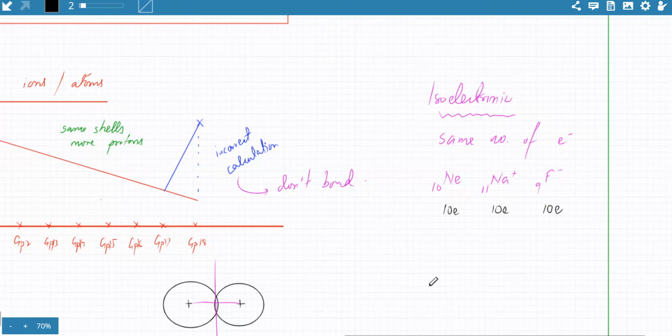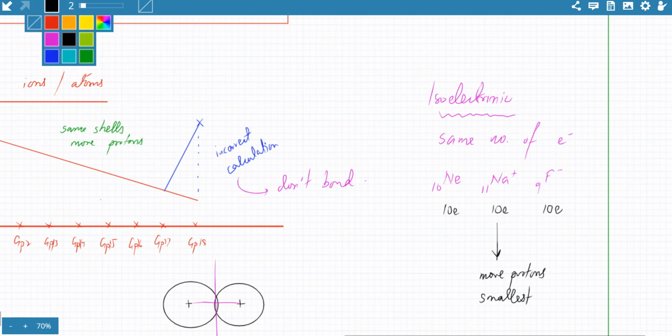So which one is going to be the smallest? So remember, जिसके more protons होंगे ना, that's going to be the smallest. क्योंकि जितने ज़्यादा protons होंगे, the electrons are going to be very strongly attracted to the atom. तो वो 10 electrons को बड़ा strongly अपने साथ attract करेगा, so it's going to have a smaller radius.